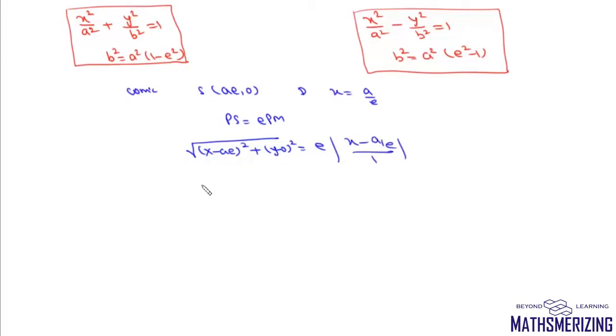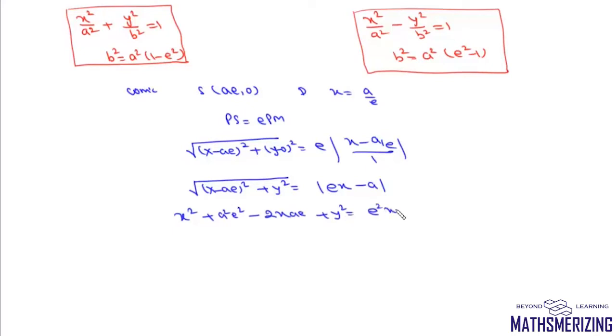So we can simply write this as under root of (x minus ae) whole square plus y square, and this is ex minus a. Now we'll square it. We can write this as x square plus a square e square minus 2xae plus y square, and here it will be e square x square plus a square minus 2xae.